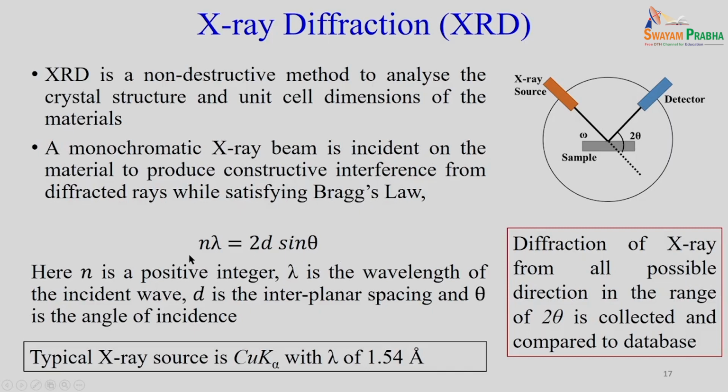Here n is a positive integer, lambda is the wavelength of the incident wave, d is the interplanar spacing of the sample, and theta is the angle of incidence of that light source. Typically for X-ray the source is copper K alpha and the wavelength is about 1.54 angstrom.